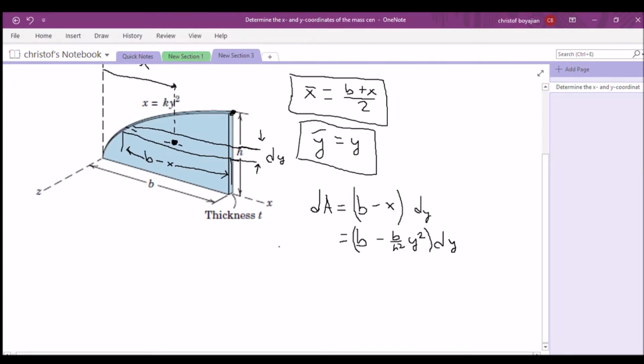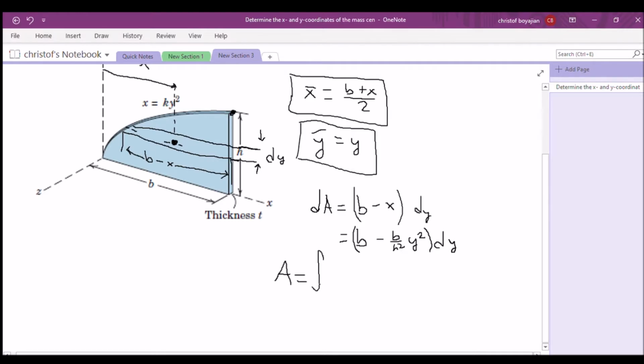So now let's go ahead and solve for the area of this entire thing. So our area is going to be the integral. Let's say we're going to add up all of these rectangles starting from 0 all the way up to h.